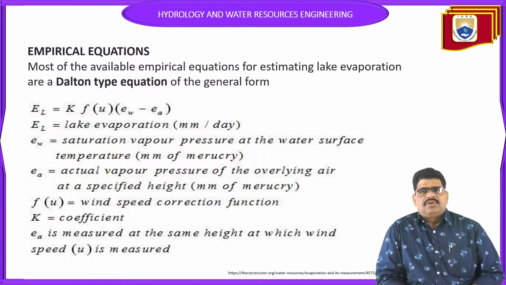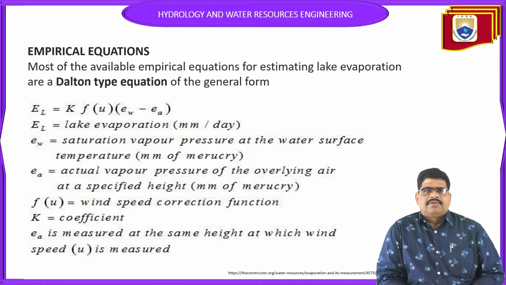This is the wonderful equation to measure the lake evaporation by Dalton. Let us explain it one by one. EL is equal to lake evaporation in mm per day, and EW is equal to saturated vapor pressure at the water surface temperature in mm of mercury.